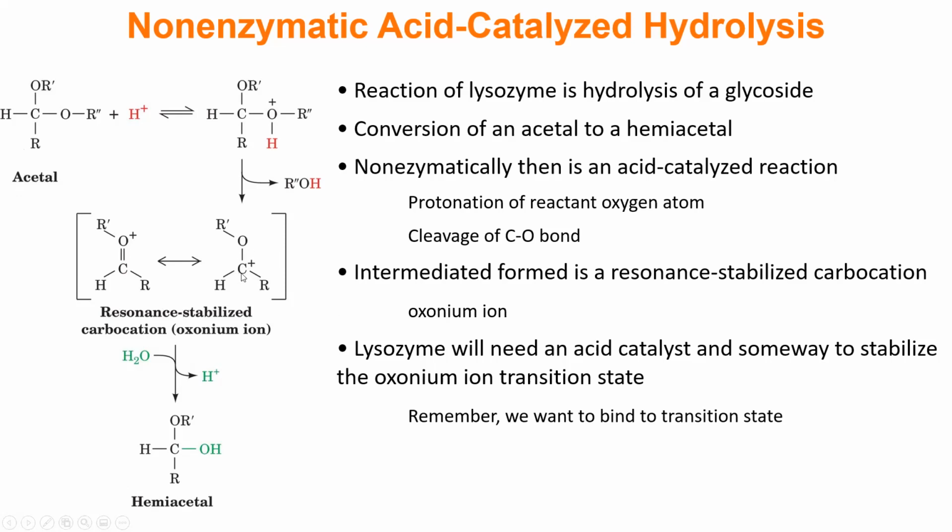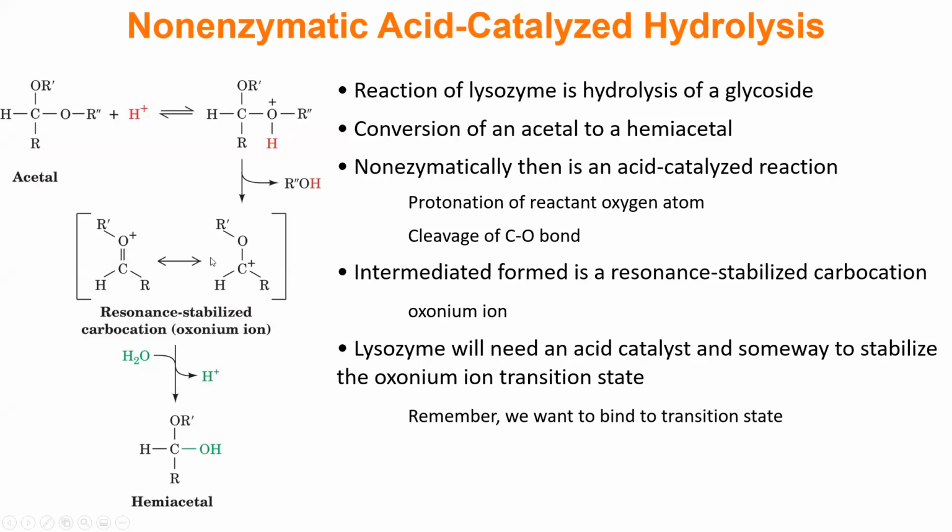Now, you might have talked about this in organic chemistry. A carbocation is a positively charged carbon. So here we have our resonance structure where we either have a positively charged oxygen or a positively charged carbon. The structure on the right is more likely because oxygen does not want to be positively charged. So this is our transition state.